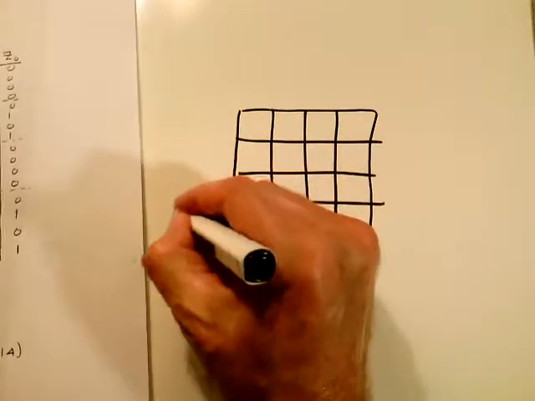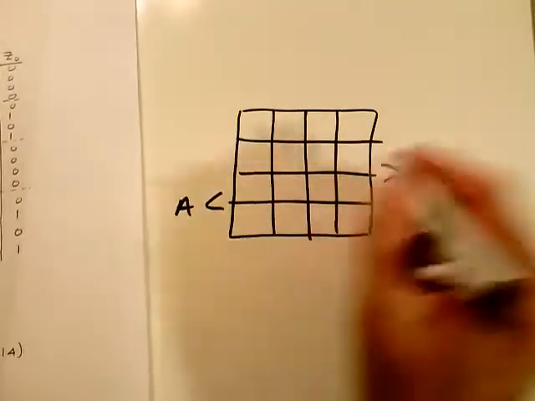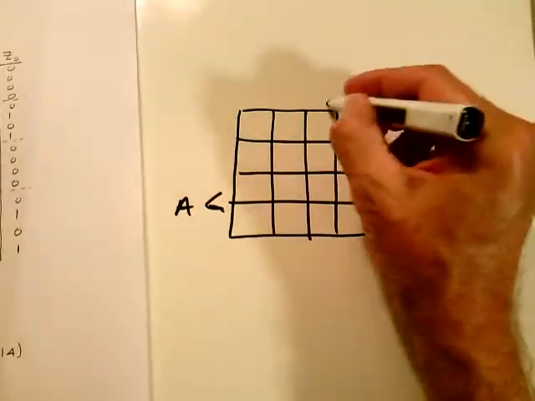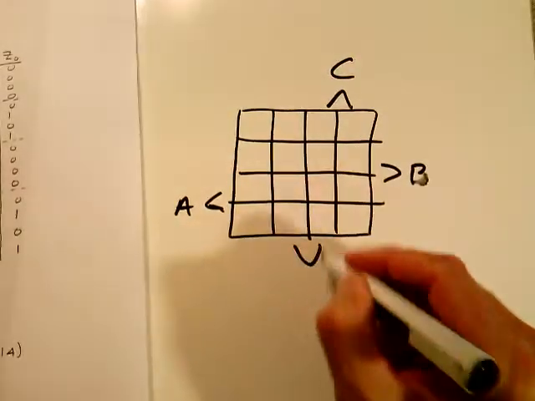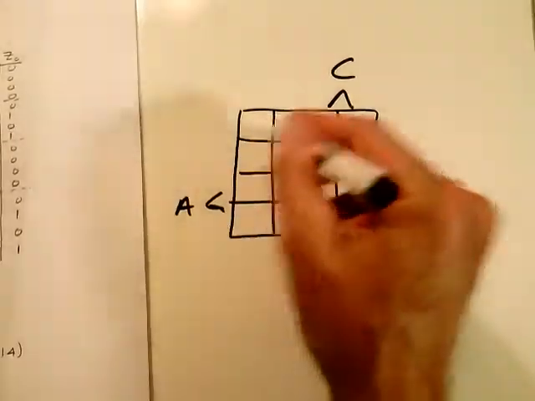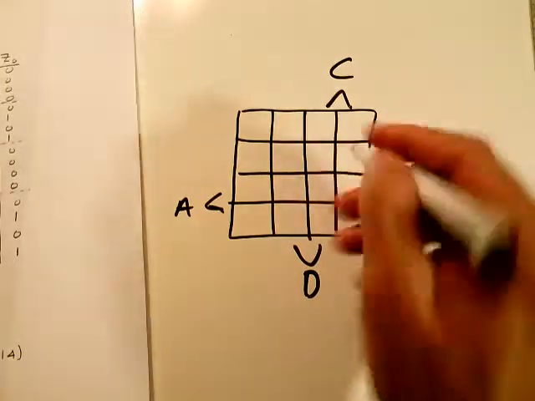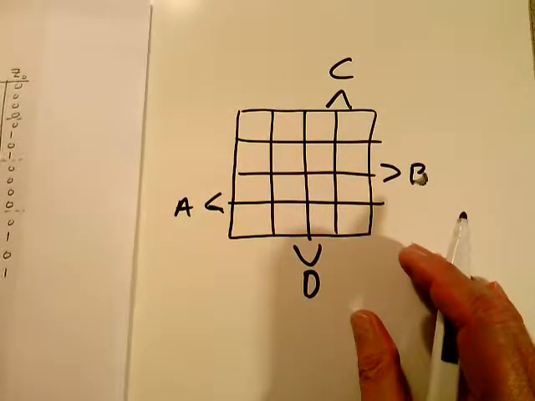Remember I said this was A, and these last 2 rows were A, the 2 middle ones were B, the 2 last columns were C, and the 2 middle were D. And we numbered all this. You can take a look at how we numbered. I don't want to take the time to do that.